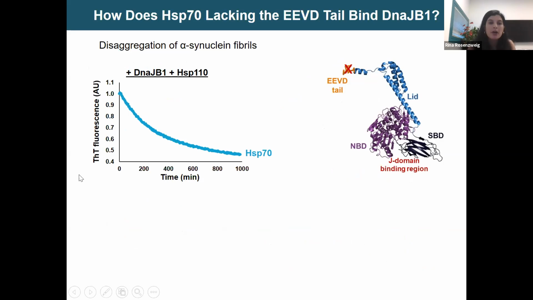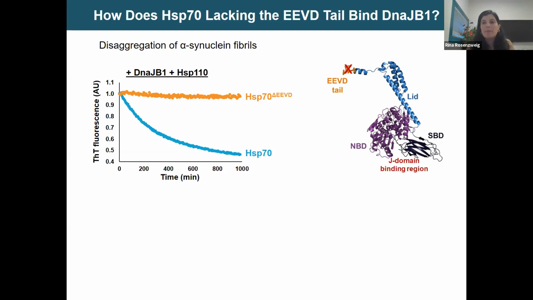We do that by monitoring the decrease in ThT fluorescence. ThT is a dye that binds to the cross-beta structure characteristic of amyloids. As the alpha-synuclein fibers are disaggregated, we can see the decrease in ThT fluorescence. So this is with the wild type proteins. But when we repeat the experiment with HSP70 lacking only the last 4 amino acids, the EEVD tail, we see that the disaggregation activity is completely lost.